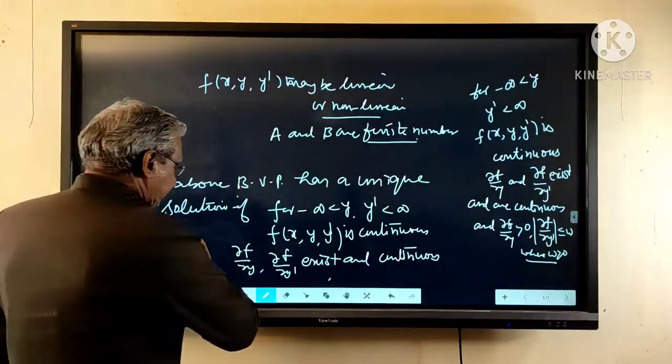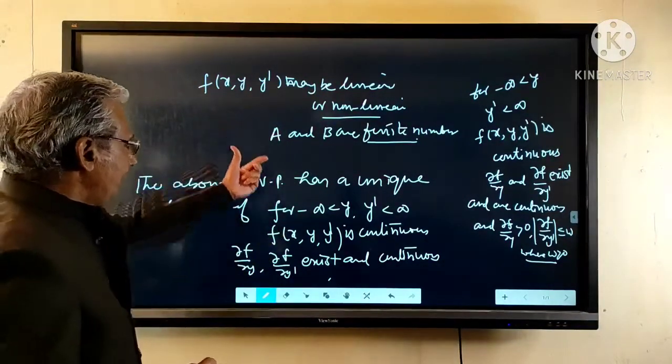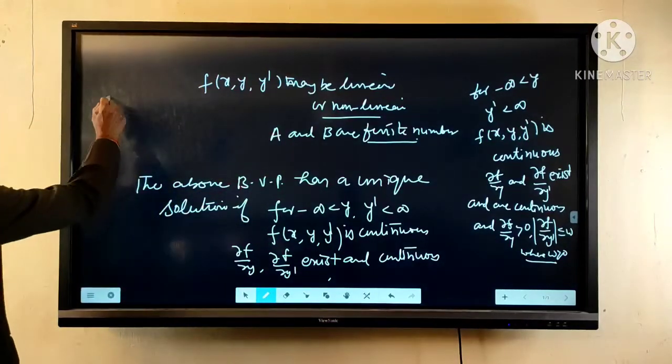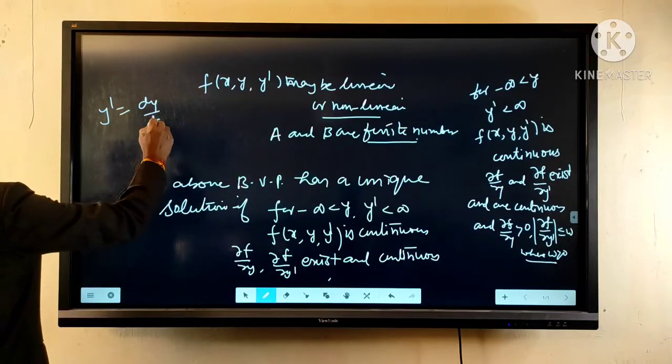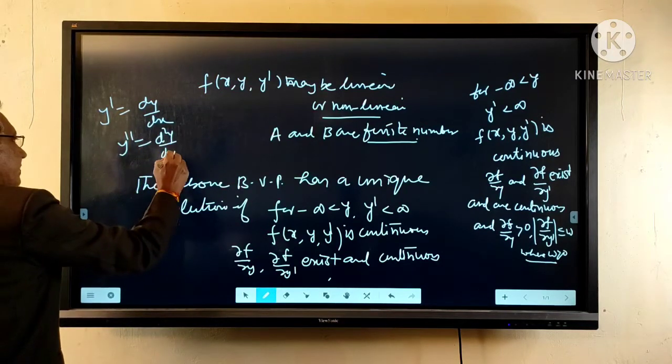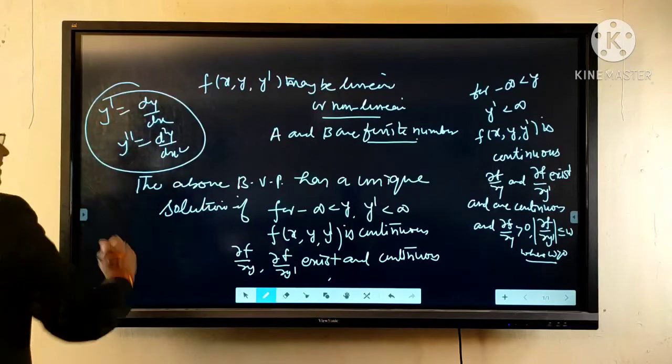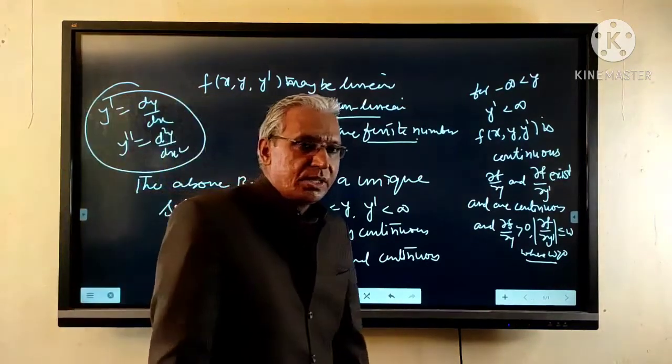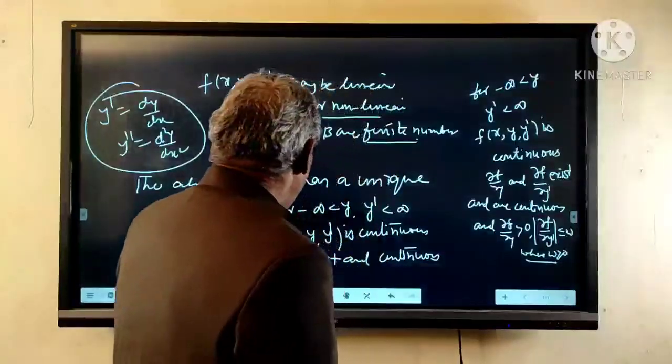Here y dash denotes dy by dx and y double dash denotes d2y by dx square.